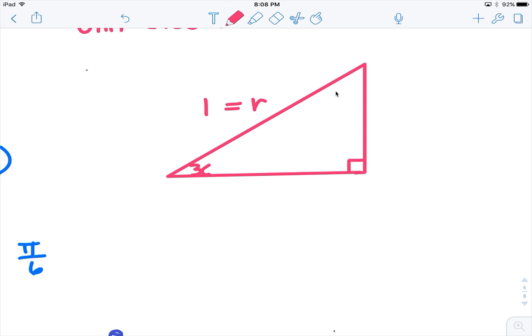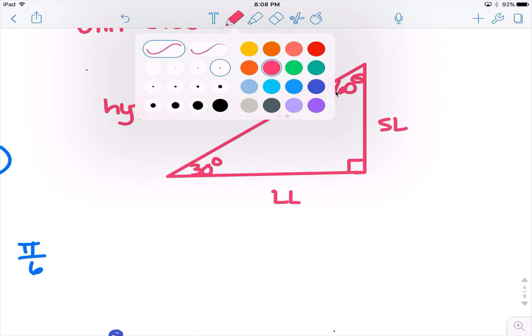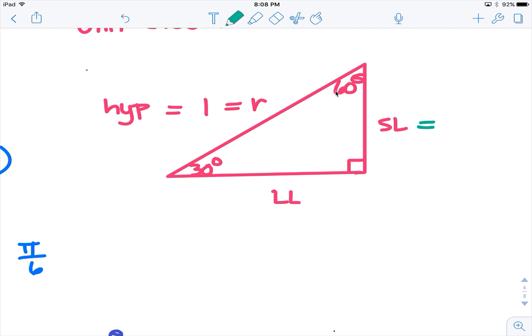So if this is 30 degrees and this is 60 degrees, this would be my short leg, my long leg, and the hypotenuse. So the rule is, whatever the short leg is, the hypotenuse is twice that much, and the long leg is the short leg times the square root of 3.